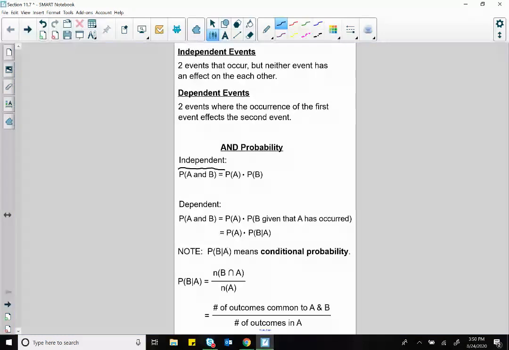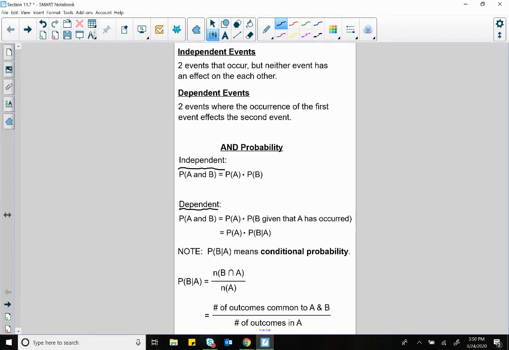But when it's dependent, you've got to be careful, because in dependent events, you will find the first probability like normal, but for the second probability, you've got to find the probability of that event happening, given that event A has already occurred. Like in the example of the cards, where my oldest drew one, and when I get to my youngest daughter, she only has 51 cards to choose from then.